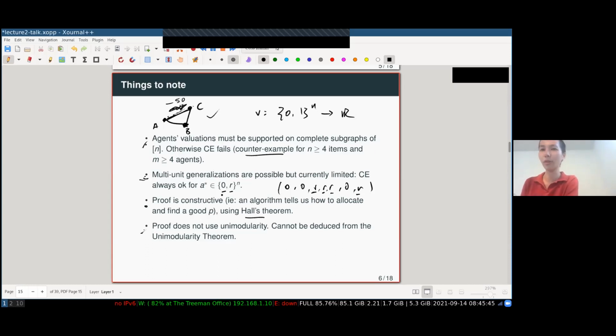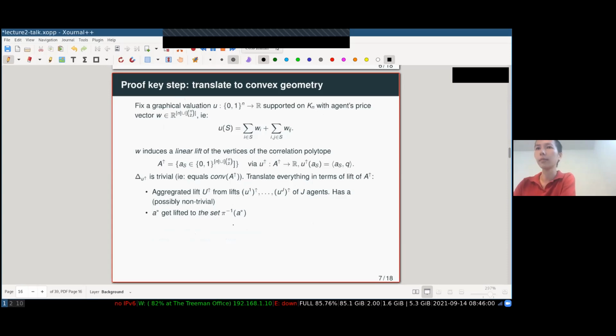That's not the case. We don't think this proof can be reduced to just unimodularity in integer programming. In particular, it cannot be deduced from the unimodularity theorem. It's something completely different.